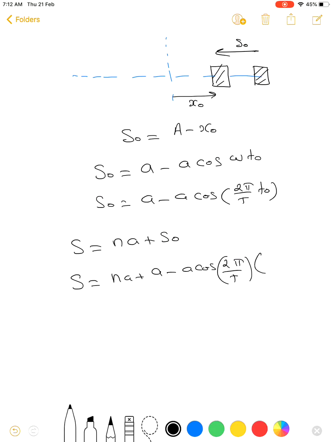We know that t naught is t minus n T divided by 4, so this is equal to a into n plus 1 minus cos of omega t minus n pi divided by 2.